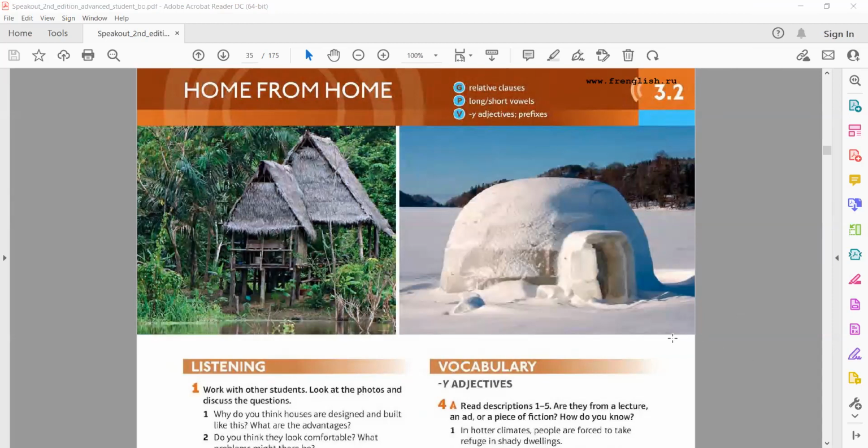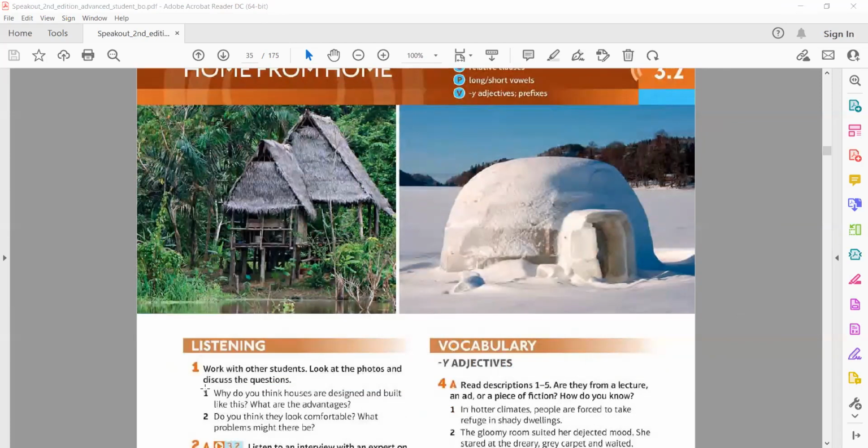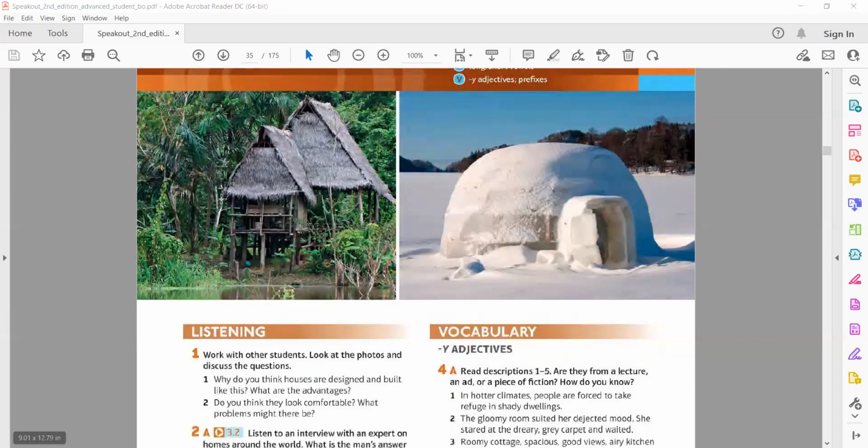Let's get started. So first, let's discuss these questions together. Now, you can see the two pictures there, right? Yes. All right. So why do you think houses are designed and built like this?